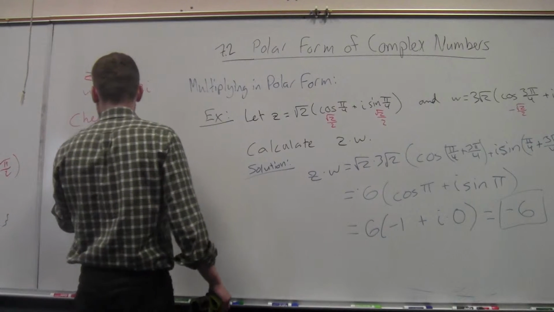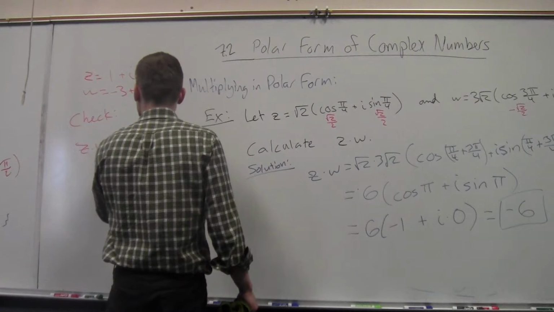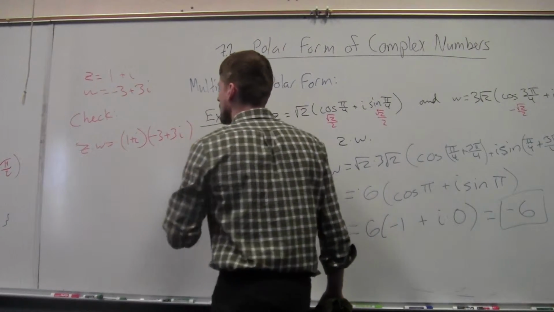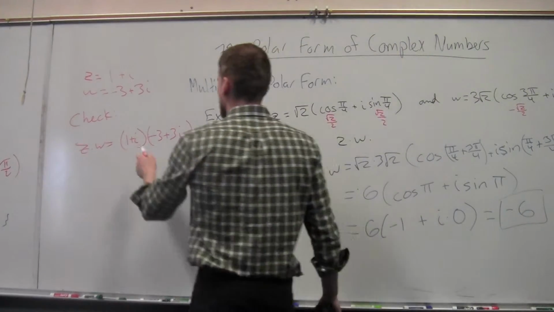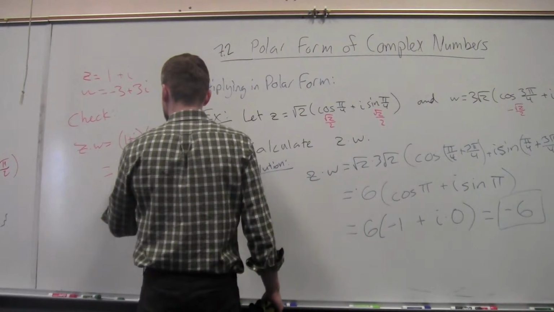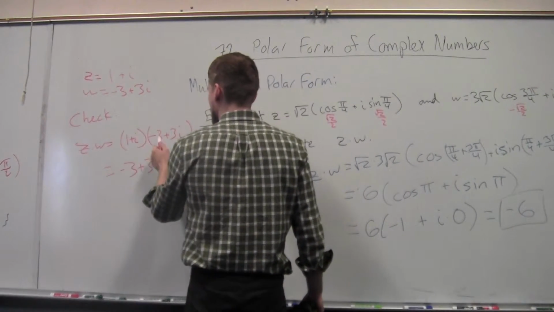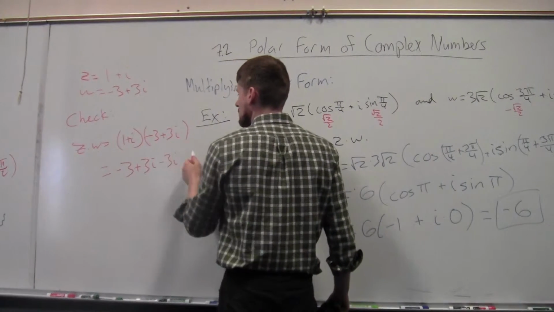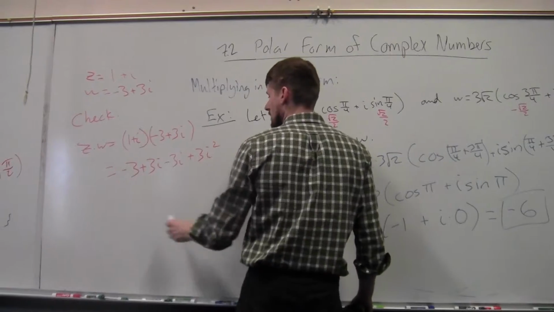So let's multiply them together. z times w equals 1 plus i times -3 plus 3i. Hopefully this is going to equal -6 when I do this. So we've got 1 times -3, so this is -3. 1 times 3i, that's 3i. i times -3, -3i. i times 3i, that's plus 3i squared.